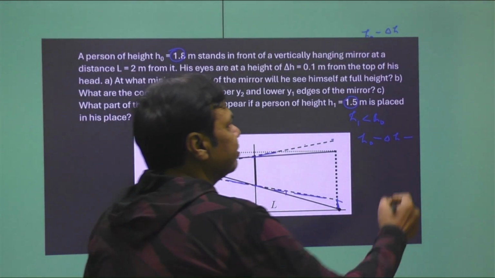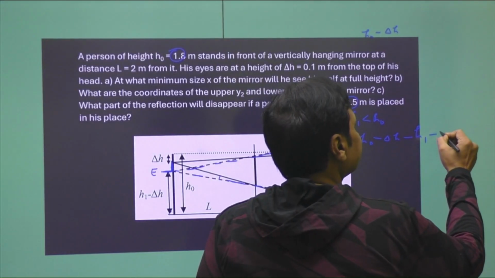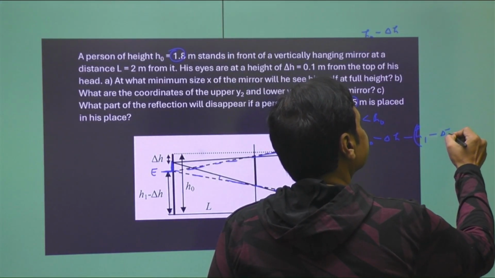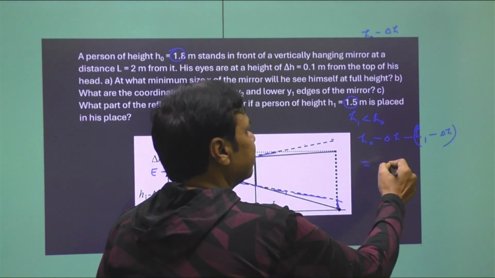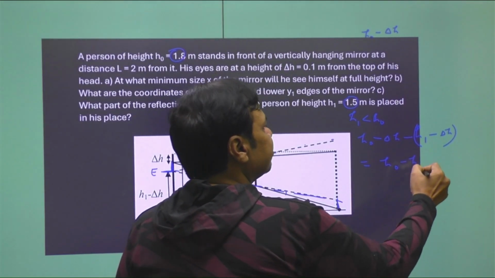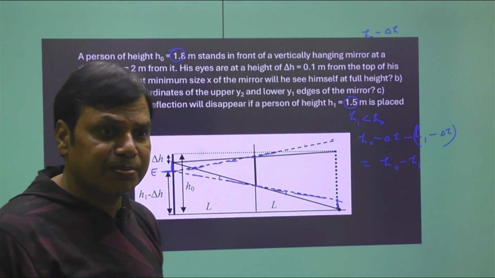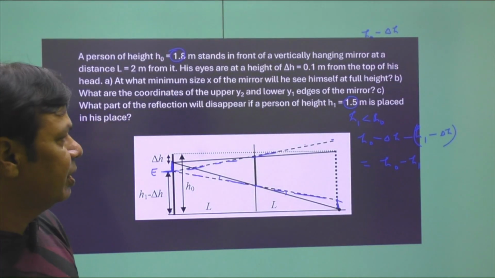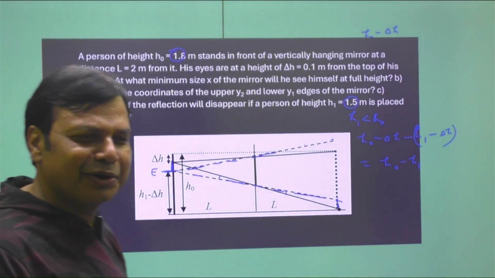And if we subtract this length, that is h1 minus delta h, then the result we got is h0 minus h1. So the third part is also solved.